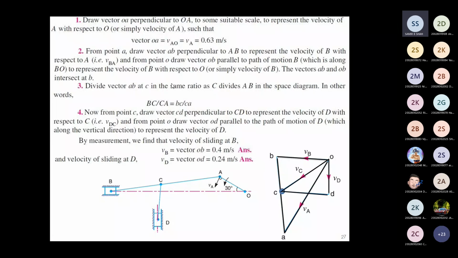Now talk about C. We knew very well that C is the intermediate point on AB. So definitely on AB, it may be somewhere. To find that, we have a basic equation that we discussed already: BC by CA, where the right side BC by CA is the value from the velocity diagram.